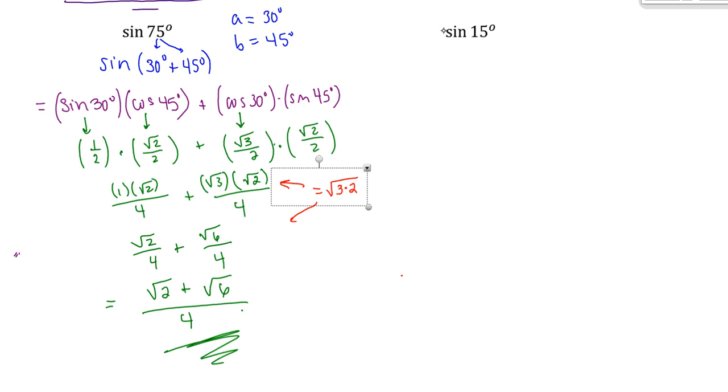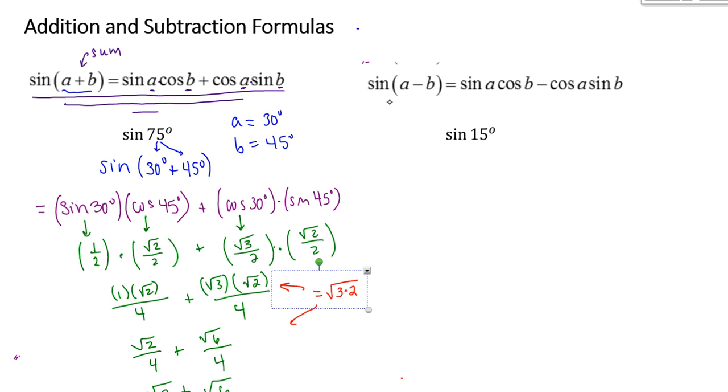So now this one over here on the right, similarly, you can use the subtraction formula that says you can subtract two angles, and this becomes the formula. Now, if you notice, the only difference is sum and difference.